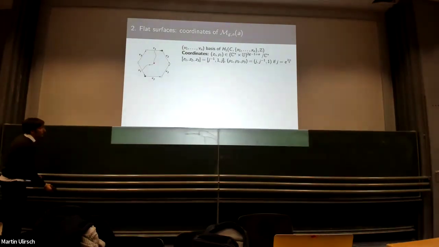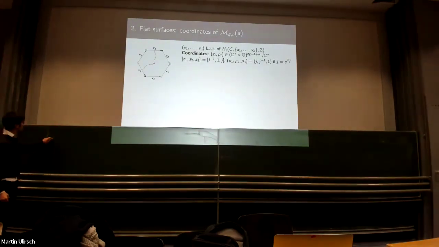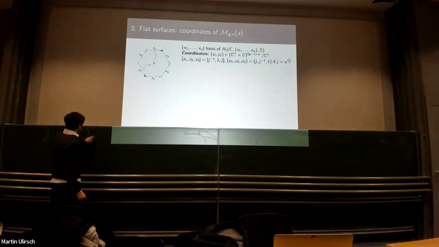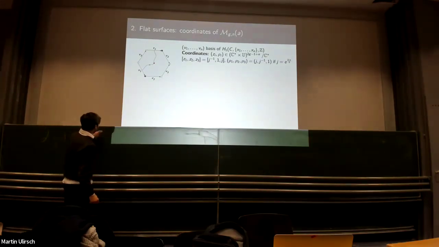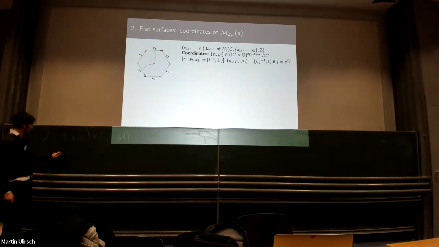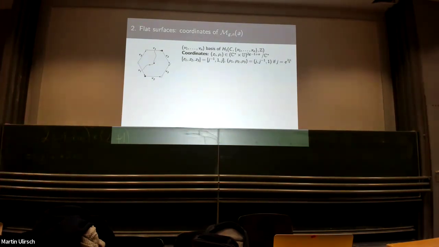So here I have 2g minus 1 plus n times 3, let's say 2 plus 1 parameter. Okay, so you see that I'm off here by 6g minus 6 plus 3n.